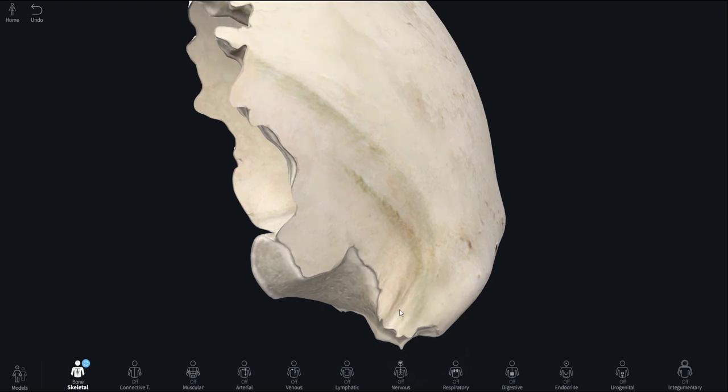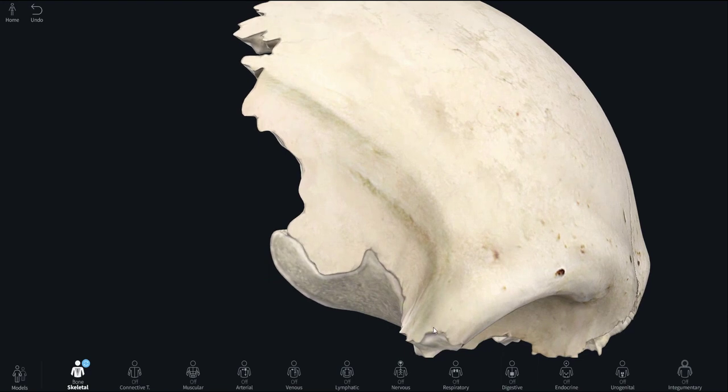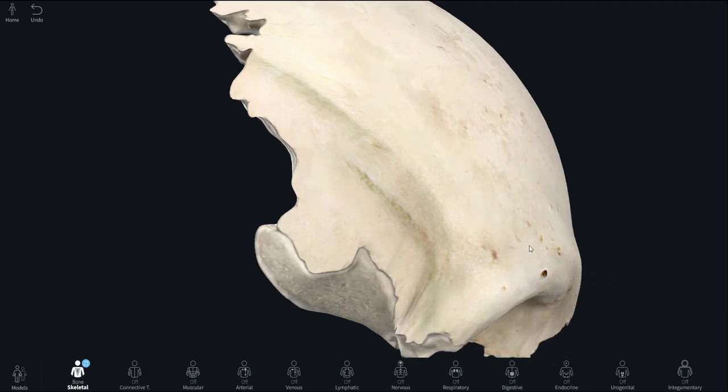The zygomatic process is over here. This is the orbital part. This entire thing is the squamous part of the frontal bone, but this is the anterior part of the squamous part of the frontal bone. This is the zygomatic process, and the posterior margin of the zygomatic process of the frontal bone continues here as a line and then splits up into this line over here and this line over here, right?